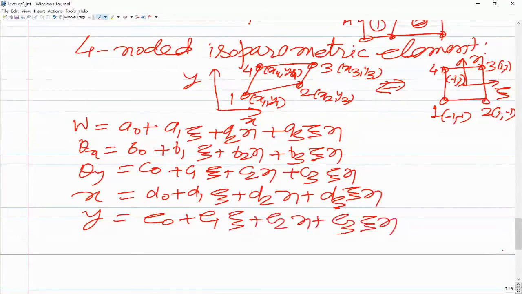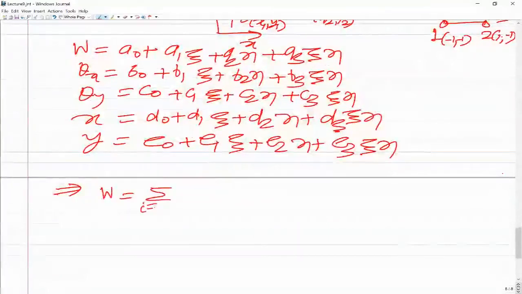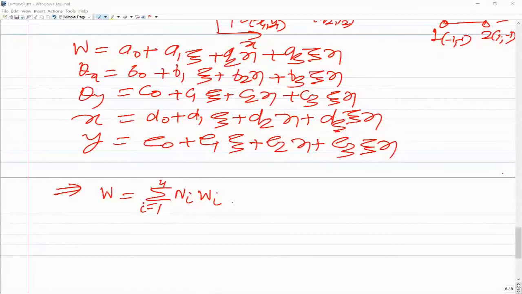So finally, now we have already discussed the entire steps. So finally, now you can write w is equal to summation over i going from 1 to 4 Ni wi, where Ni's are shape functions and wi is the value of w at the ith node.